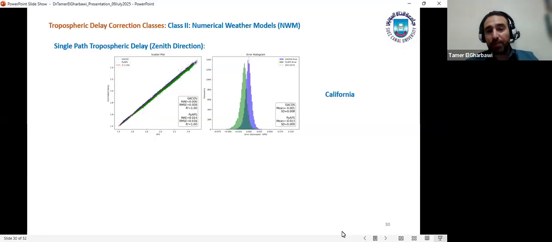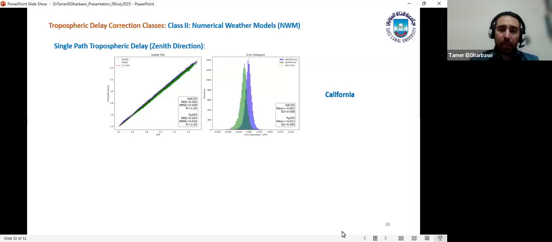But for the histogram, we can find that GACOS, which is actually the HRES model, is more centered around zero, which means that there is no bias or main systematic error in this kind of observation. This is mainly attributed to the small spatial resolution. The HRES actually uses a 9-kilometer spatial resolution, while the ERA5 is actually 31-kilometer spatial resolution.